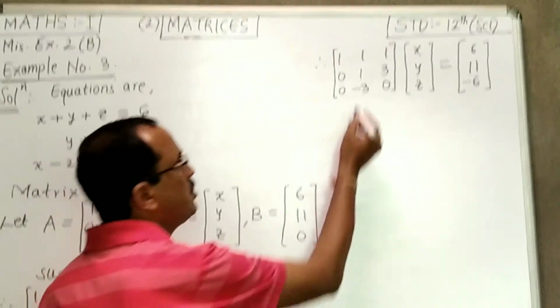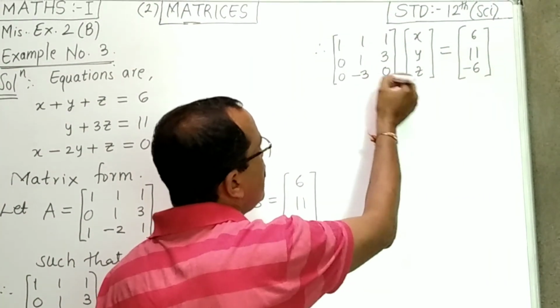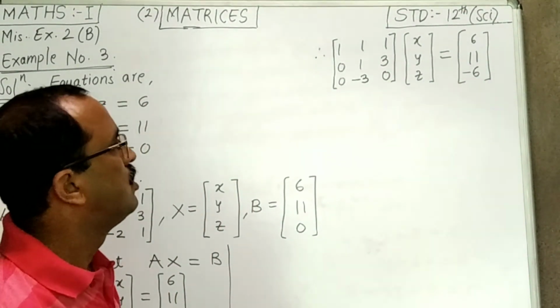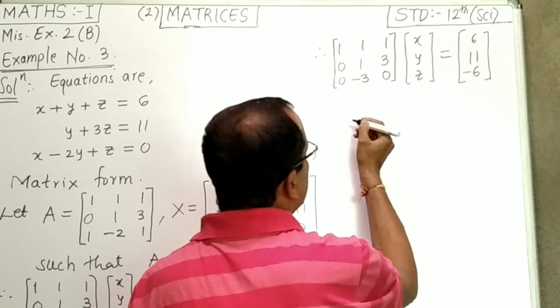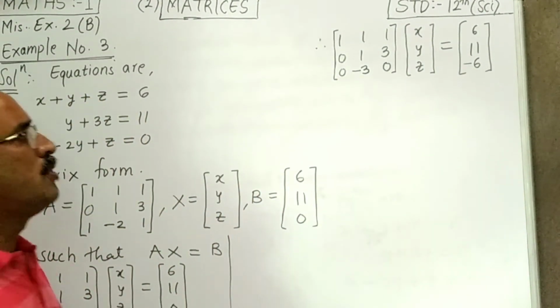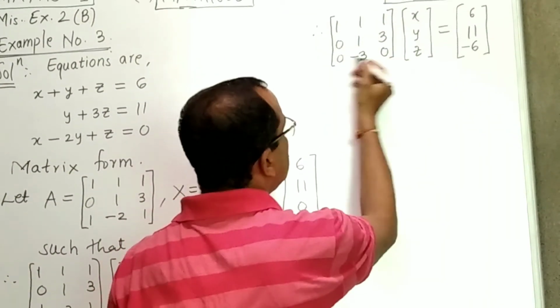Now we convert this matrix into an upper triangular matrix. We have to change this minus 3 into 0. Then we get this matrix as an upper triangular matrix. In this matrix equation we already see that in third row we get 2 zeros.